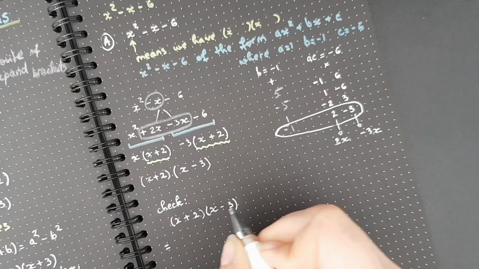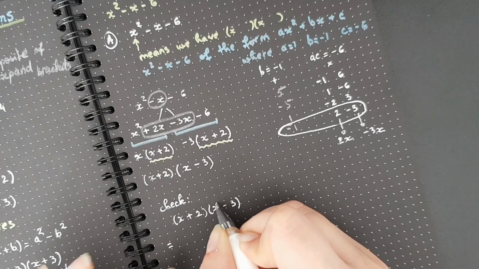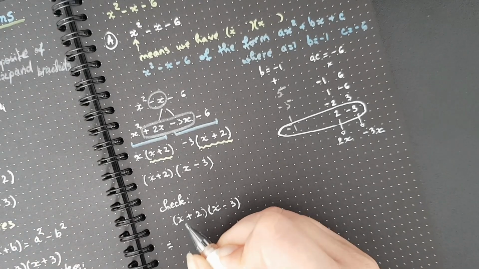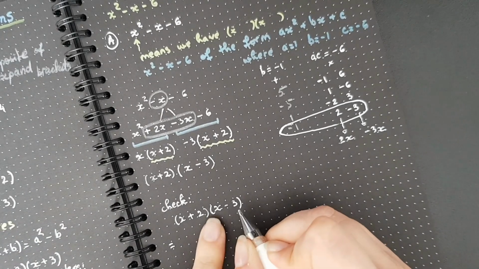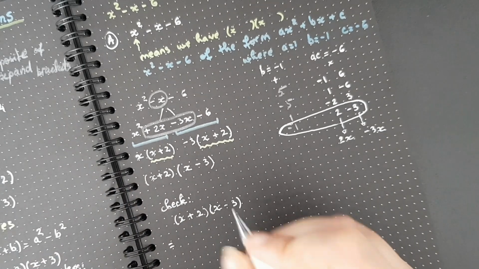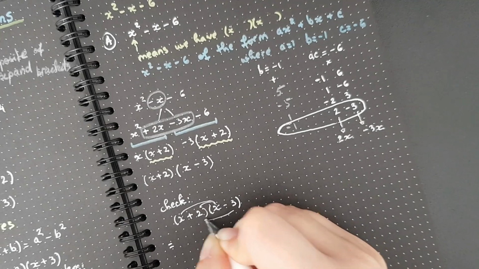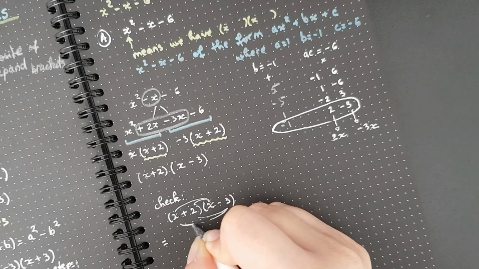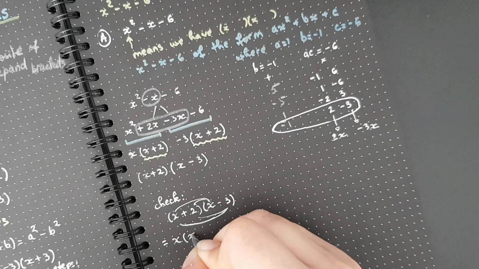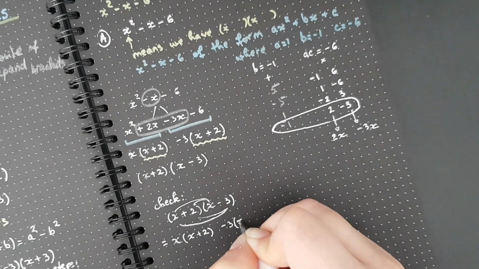Or if I write the brackets the other way around, I do x times everything on that one and -3 times everything on that. So I'm actually going to do this bracket times that because it will look really great. I'm going to do x times x plus 2, and I'm going to do -3 times x plus 2.